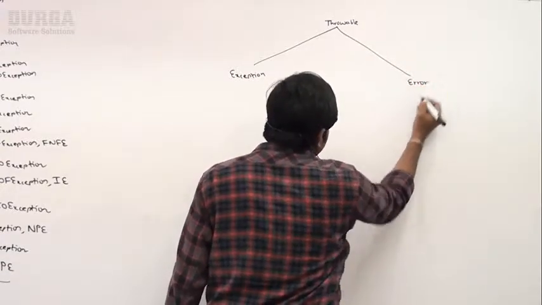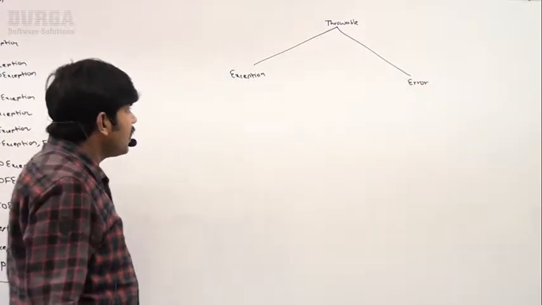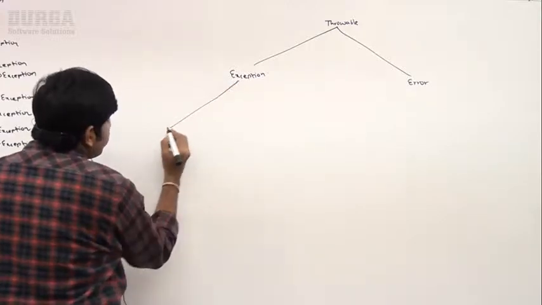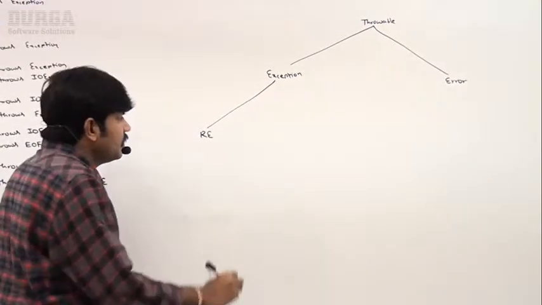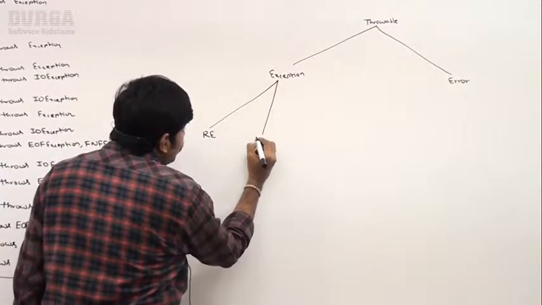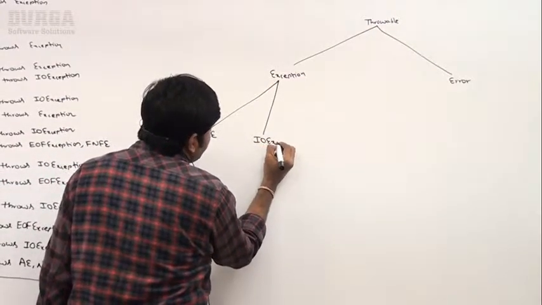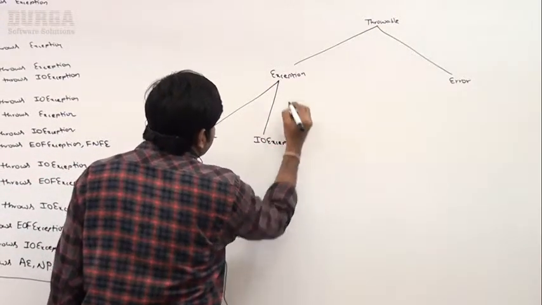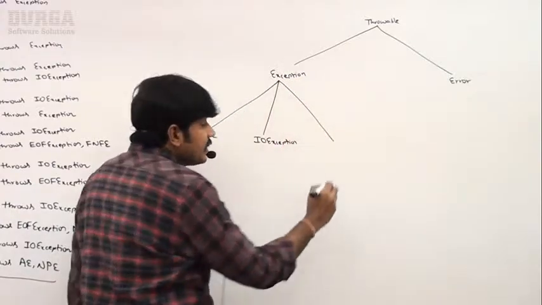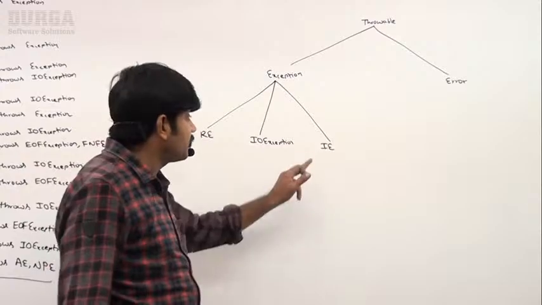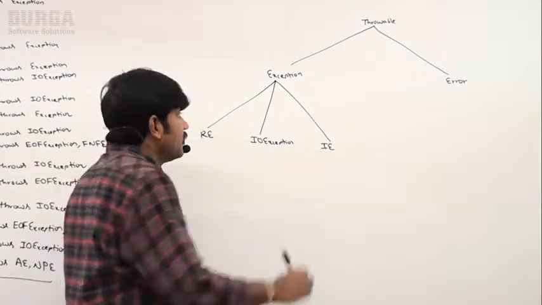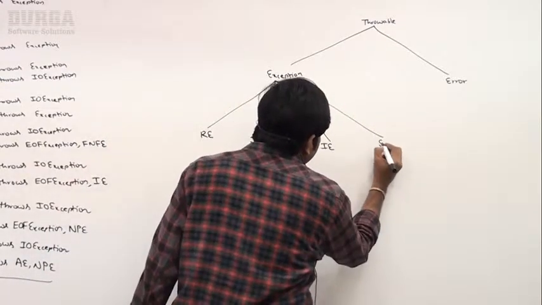Under Exception there are several child classes: RuntimeException, IOException, InterruptedException, which is very important and very common in multithreading, and ServletException.